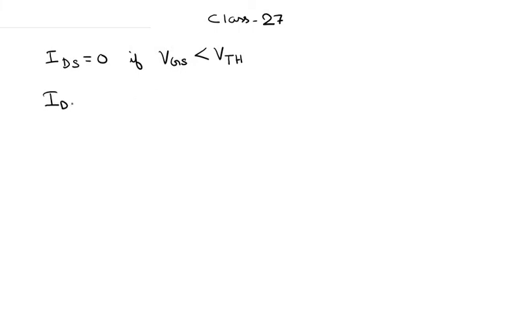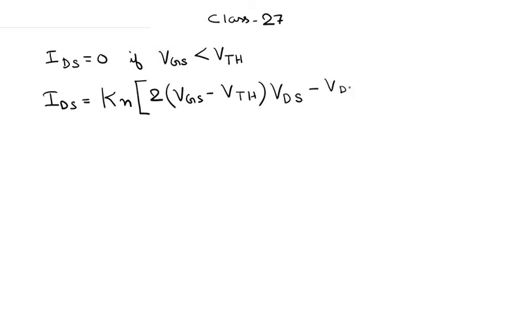IDS is equal to capital Kn times 2 times (VGS minus VTH) times VDS minus VDS square. And this equation is valid if the MOSFET is in the triode regime.